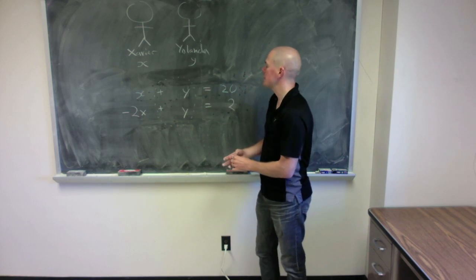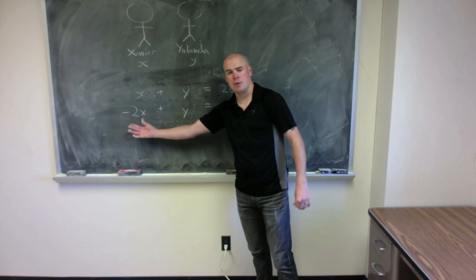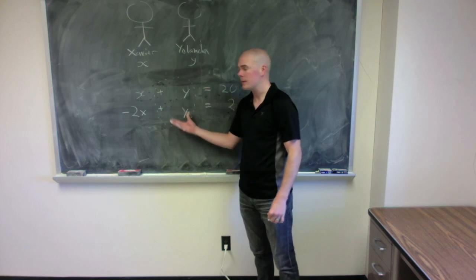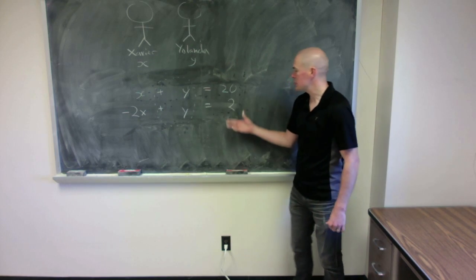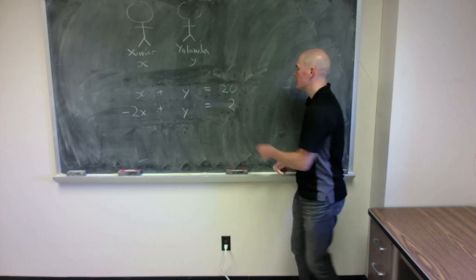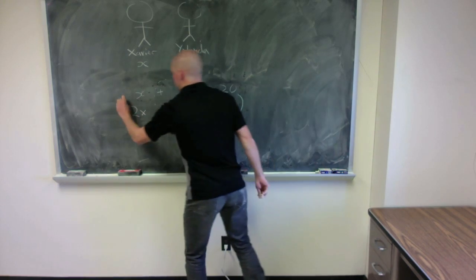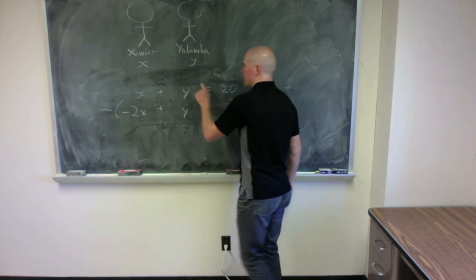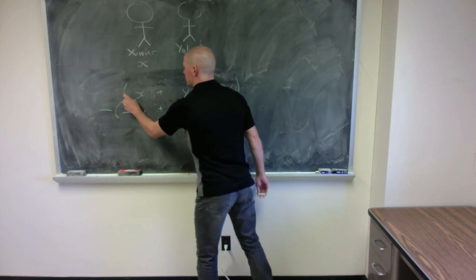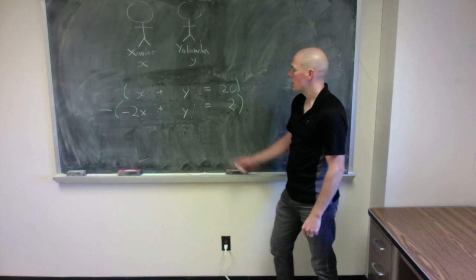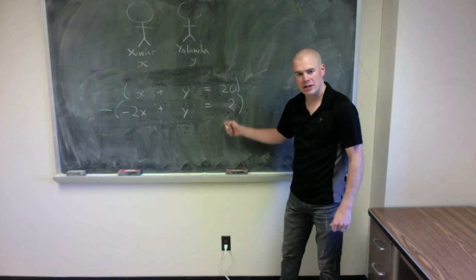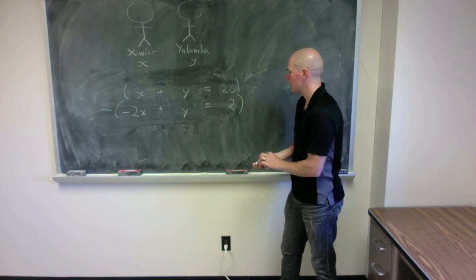So the idea is I want to take these terms, negative 2x plus y, and subtract that from x plus y, and I want to subtract 2 from 20. So I'm going to take this equation and subtract it from this equation. So I will do the subtraction on the left, subtraction on the right, and I'll still have an equality.